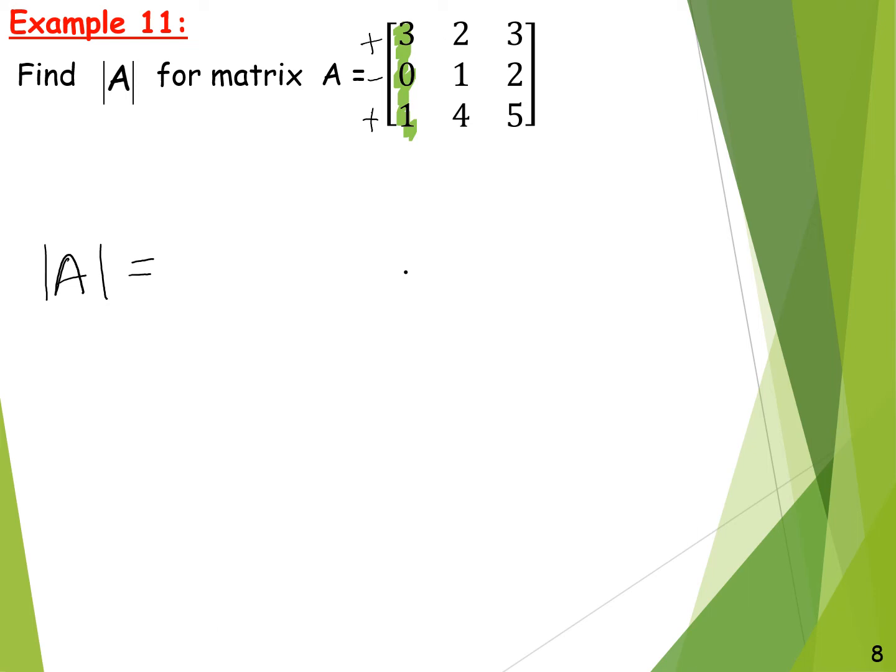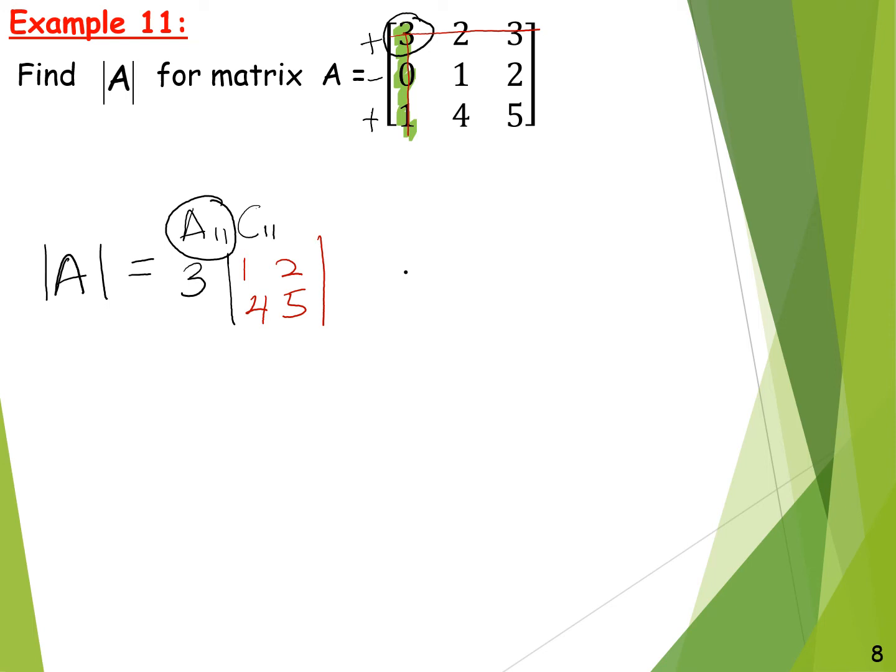By using the formula, the element is 3 for A11 times C11. C11 means we delete the first row and the first column, so the determinant is 1, 2, 4, 3.